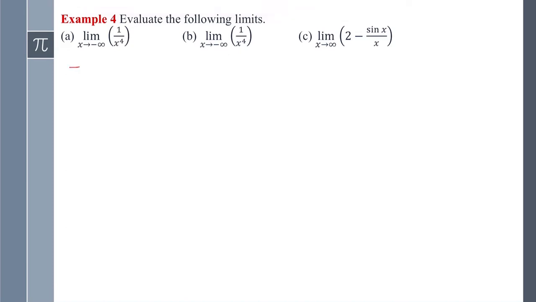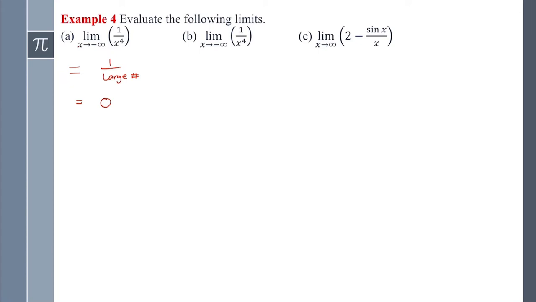Here, the limit as x approaches negative infinity of 1 over x to the fourth is 1 divided by, when x approaches negative infinity and we raise that number to the fourth power, an arbitrarily large number. So 1 divided by a very large number is approximately 0. That's why this limit is 0.